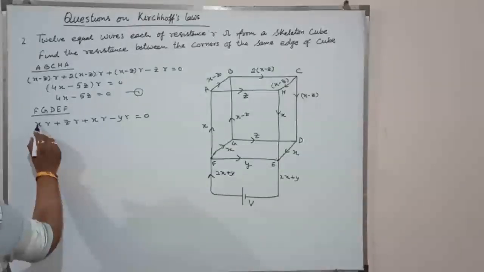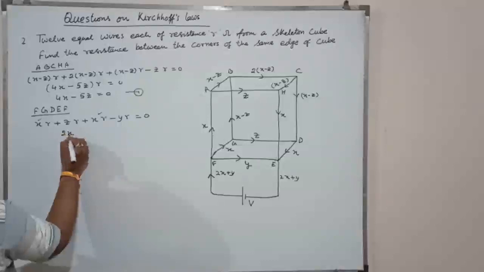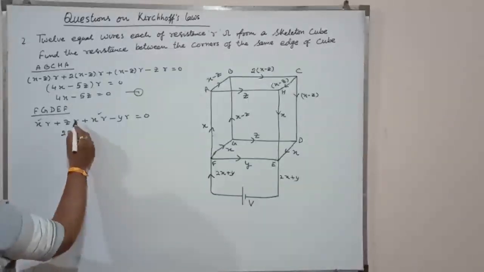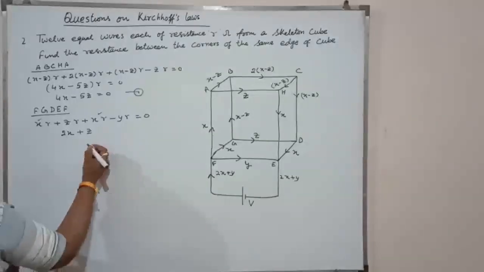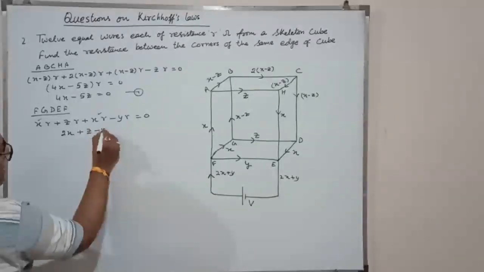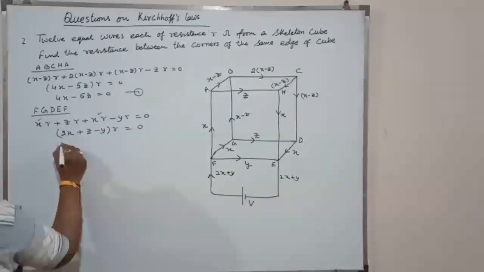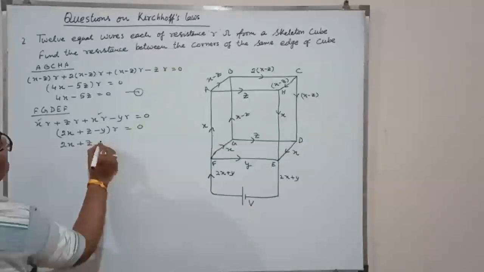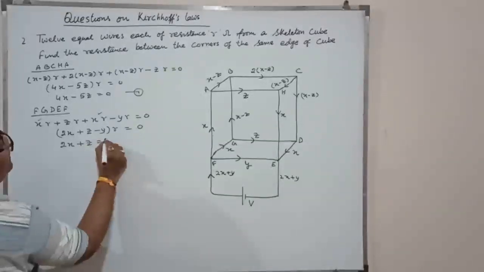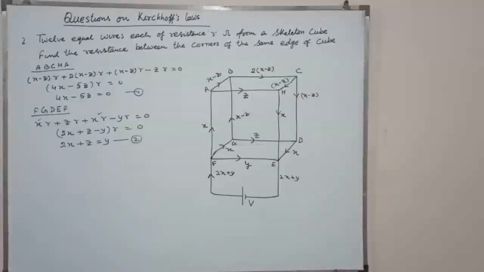This is x and x, 2x plus z minus y, R is equal to 0, or 2x plus z is equal to y. This is equation 2. Clear?